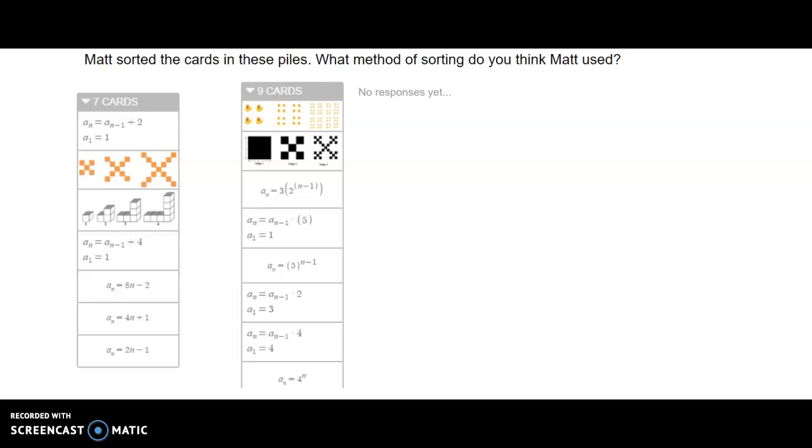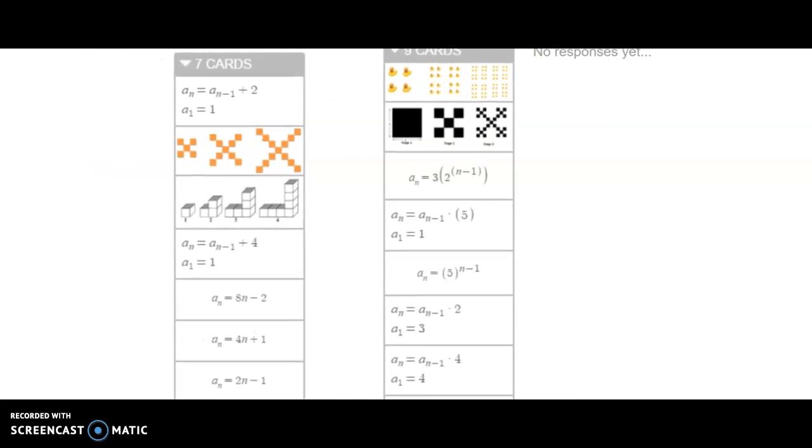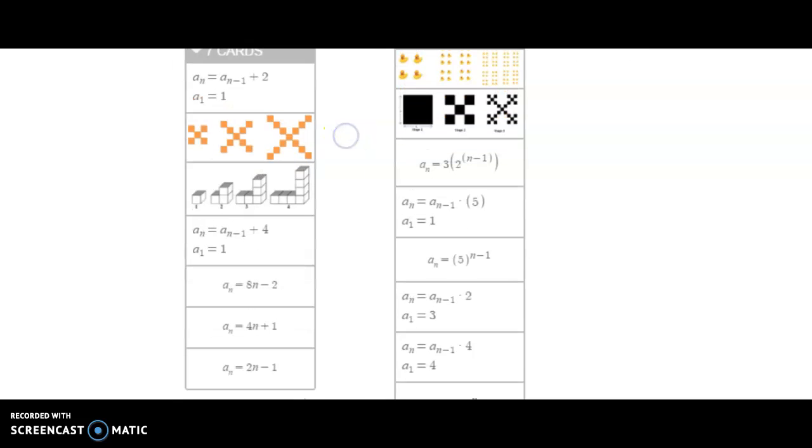Absolutely. You can definitely tell that these 7 cards right here are 100% arithmetic. See how in the picture here I started with 5 and then I added 4 more and then 4 more to that. And even up with the A subset, we can see that it tells us what the first term is.